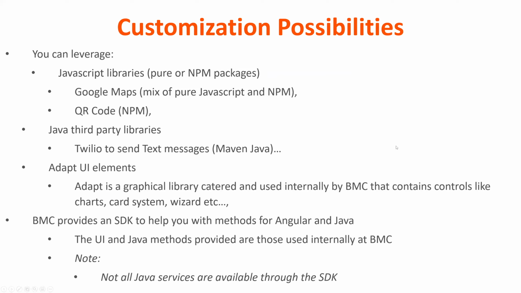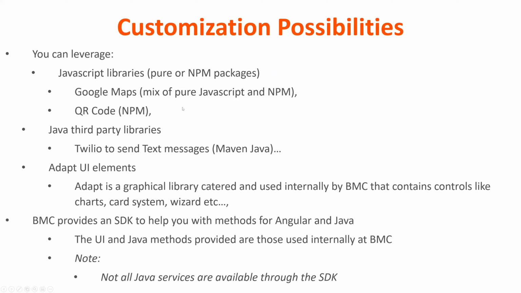Something that is pretty cool now with Angular is that you can use third-party packages. Actually, it was working also in AngularJS, but like I said, AngularJS was end of life, so it was harder to get third-party libraries. For example, if you want to use Google Maps in your application, you can use what Google provides as a third-party library, what they call an NPM library.